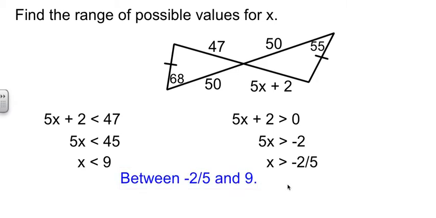So the range of possible values for x is between negative 2/5 and 9. Now don't confuse yourself into thinking that this answer is bad because we got a negative number. All this is saying is x has to be bigger than that. It's okay to get a negative here. It's not okay to have a negative length.